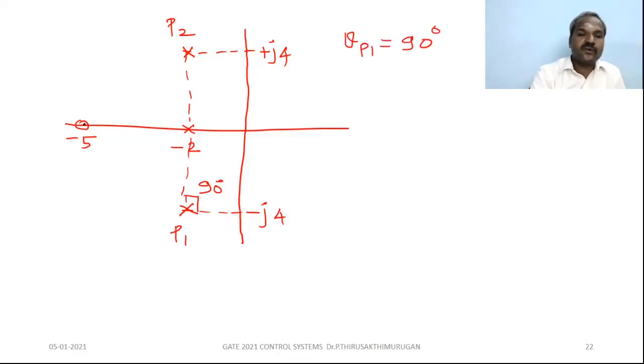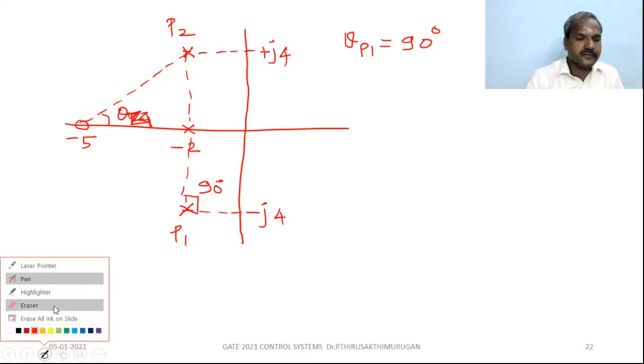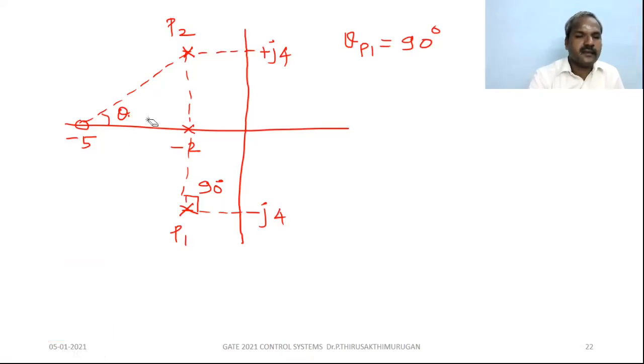Similarly, what angle does the zero make with this point? This angle is theta Z1. Only one zero, right? So how to find it: calculate this magnitude, which is 4.